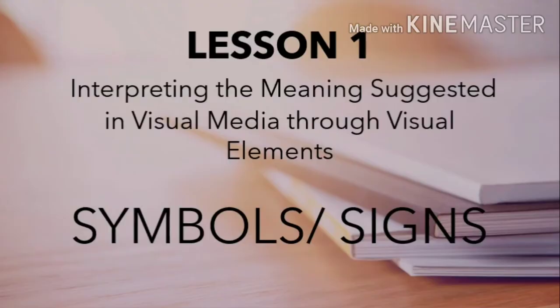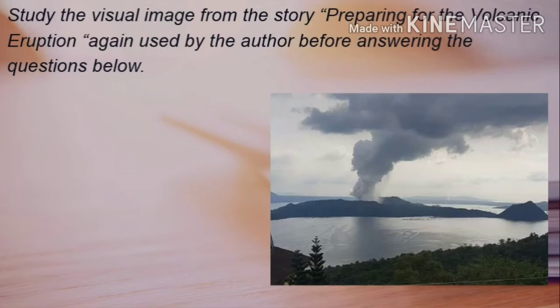Now let's move on to signs and symbols. We can also interpret the meaning suggested in a visual media by using signs and symbols. Now, let's study the visual image from the story Preparing for the Volcanic Eruption again, used by the author, before answering the questions below.